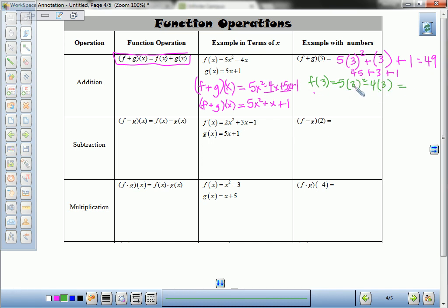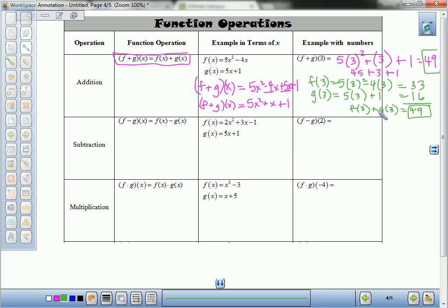So this gives us 45 minus 12, which is 33. And then g of 3 is 5 times 3 plus 1, which is 16. And what is 33 plus 16? 49. Now, since we had just found the sum, I definitely like this top method better. It was much easier. But do you see, no matter which method we use, we get the same outcome.